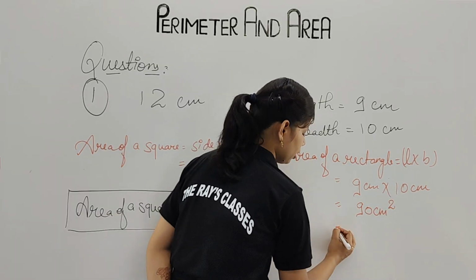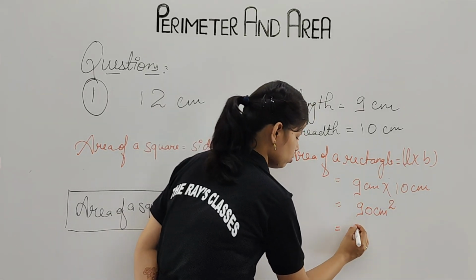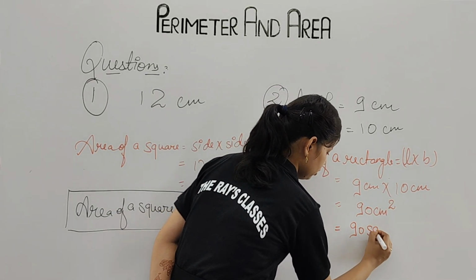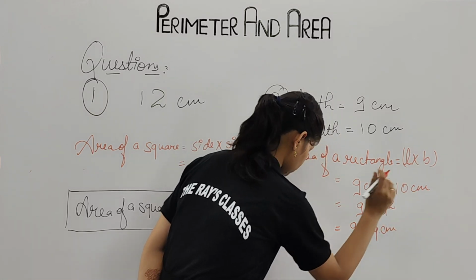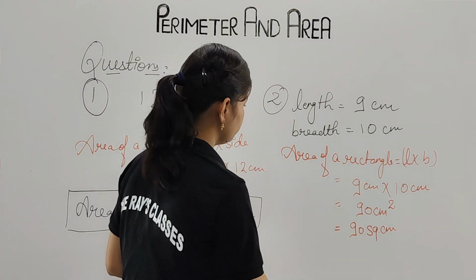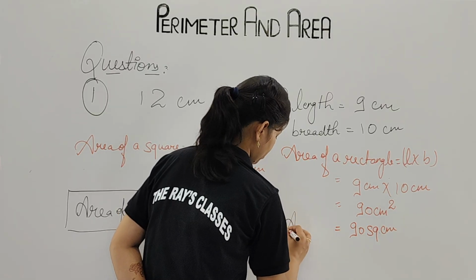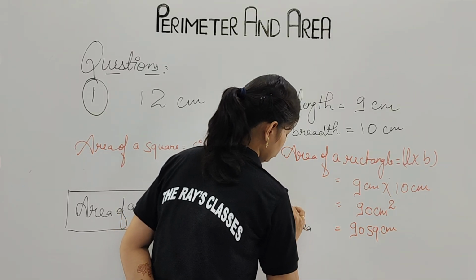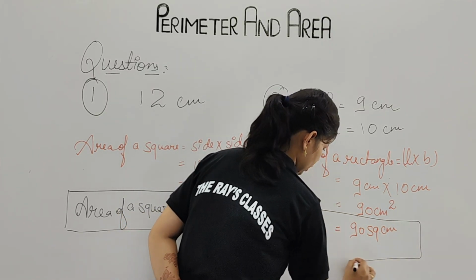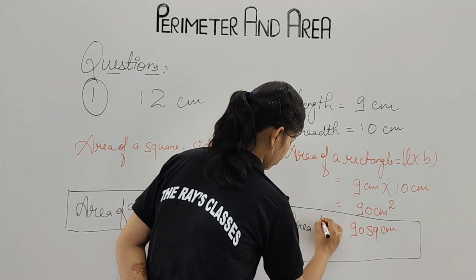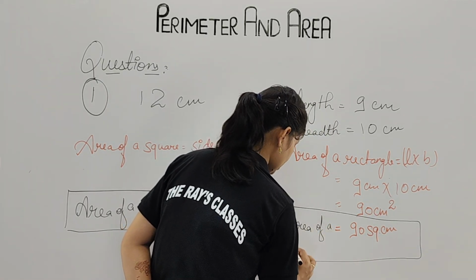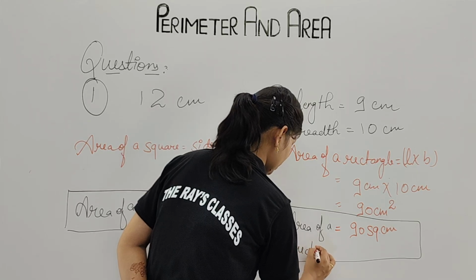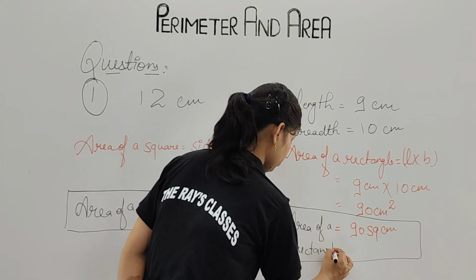Or children, as per your class, it is also written like this, 90 square centimeter. Clear, no? That is the area of which figure? Area of a rectangle.